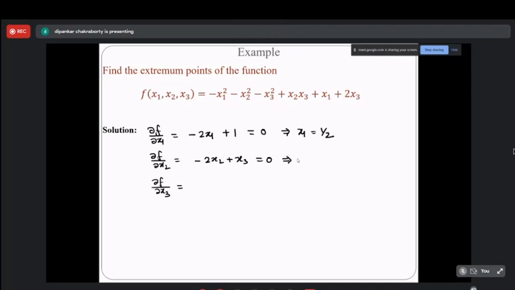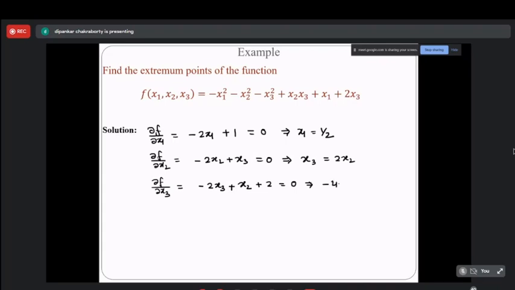And next, minus 2x3 plus x2 plus 2, that will be equal to 0. Now we can easily find this one. What is the value of x3? That is going to be 2x2. And if you replace the value of 2x2 here, what is going to come?